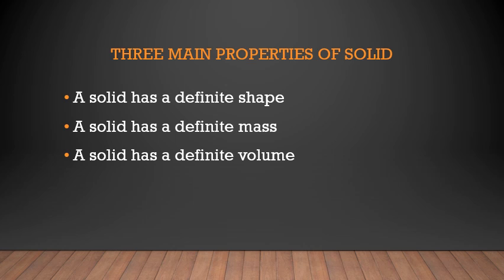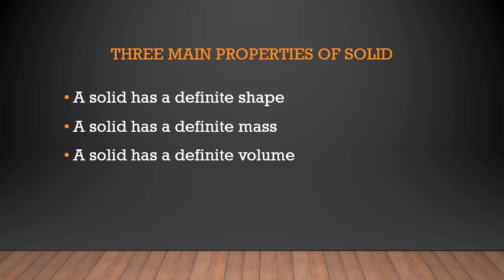A solid has a definite mass. Mass means mass remains constant for any matter. Mass will always remain constant for any matter, be it a solid or a liquid. It has a definite mass, and a solid has a definite volume. It has a definite shape, a definite mass, and a definite volume.